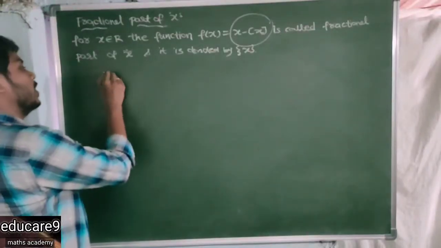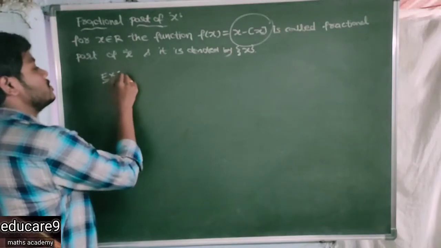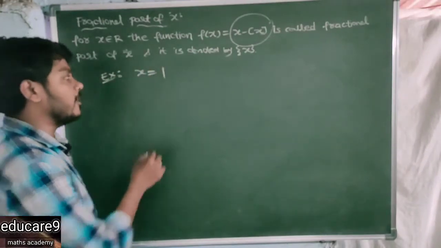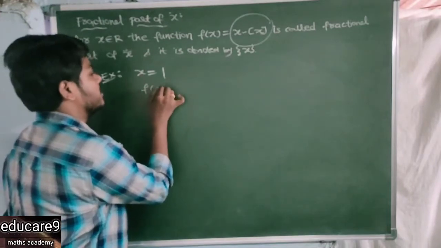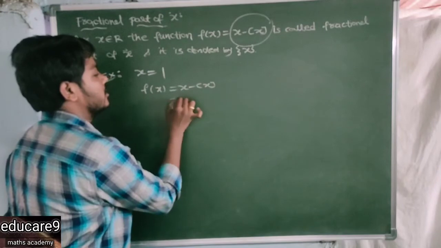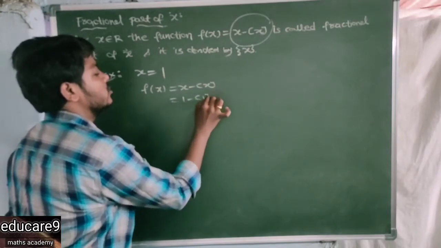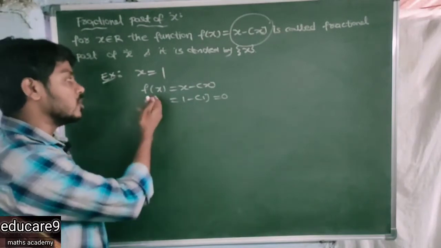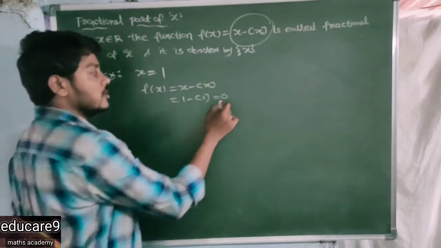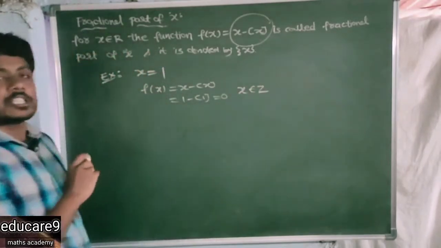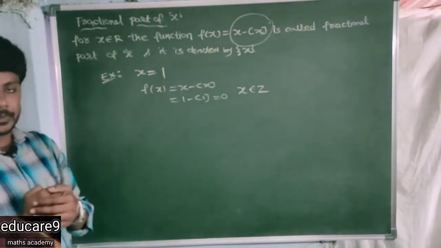For example, x is equal to 1. So f of x is equal to x minus step x. Now this is 1 minus step 1. So what is the value of this? 0. If x is equal to 2, then also 0. So if x is an integer, then the fractional part of x is 0.